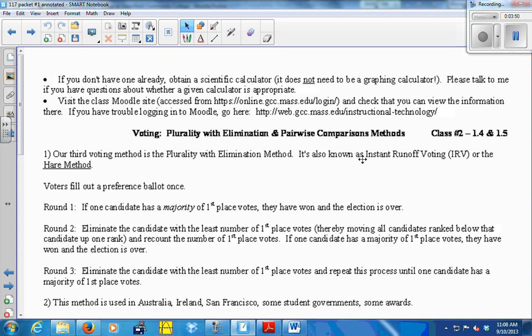Plurality with elimination, also known as IRV, instant runoff voting. Okay, so that's the method where you force a majority. You eliminate candidates till someone has a majority.